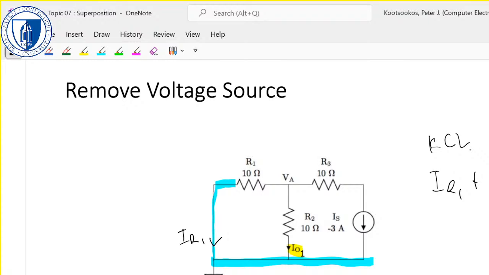Another thing we can know, and it's a bit of a short circuit for this particular one, is that if you've got two resistors and they're the same resistance, the current's going to flow through each of them equally.